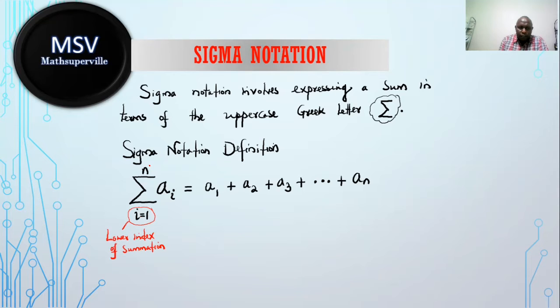And n is the upper index of summation. a sub i is what we call our summand.